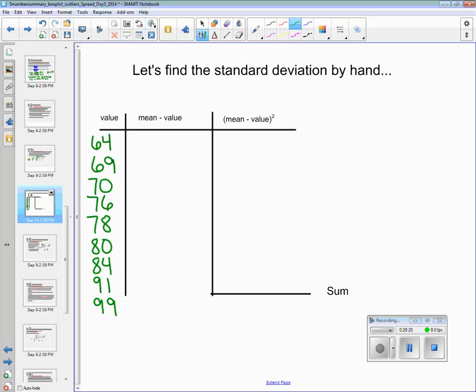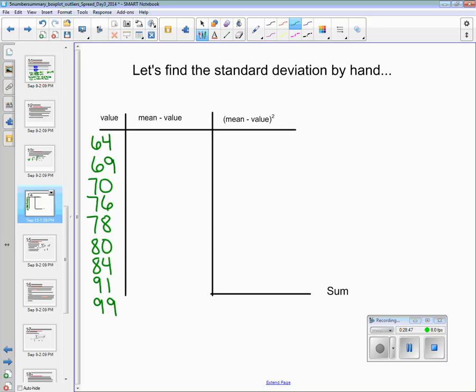Now, if you notice in the formula that I gave you, I told you that we were subtracting the mean. But if you look at the chart, it says the mean minus the value. So the order in which I subtracted is a little different. Does that matter?